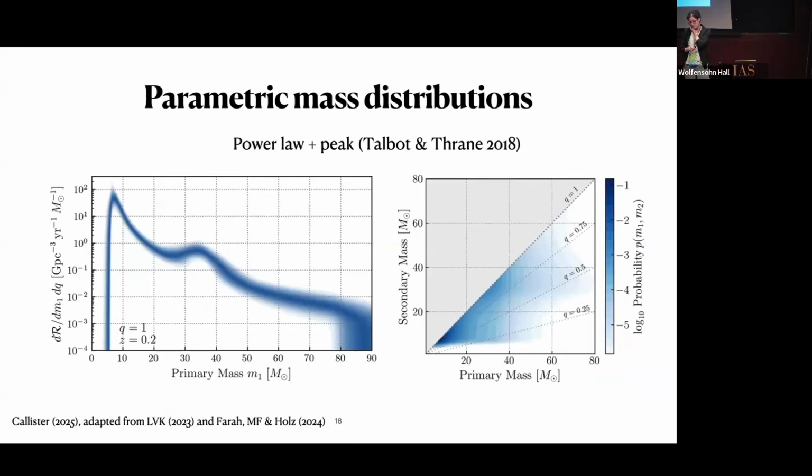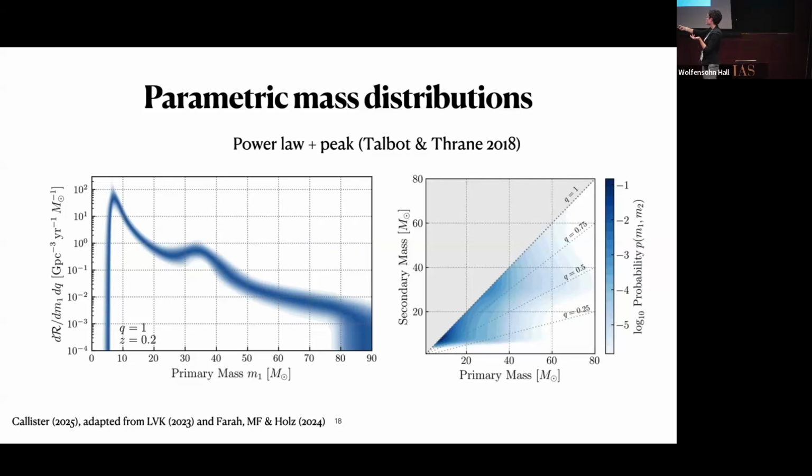Okay, so for the rest of today, I'll just give a bunch of examples of these. So parametric mass distributions: I showed a power law in our recent catalog, GWTC-3, where the default mass model was this power law plus peak, which is just a mixture model of a power law plus a Gaussian. The Gaussian is here.